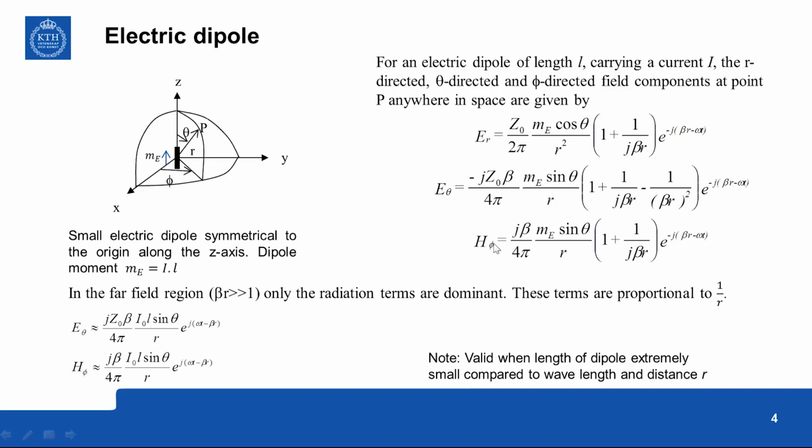So you have only a phi component for the H field from the symmetry. Then for the E field, you have only the r component and the theta component. And you don't have any phi component for the E field.